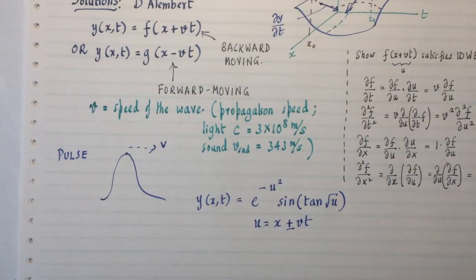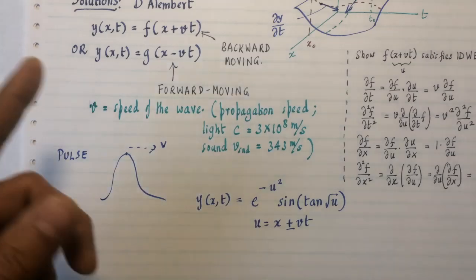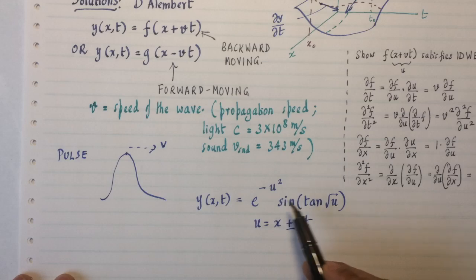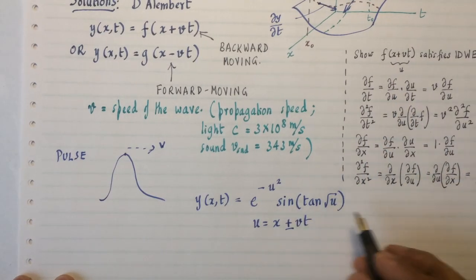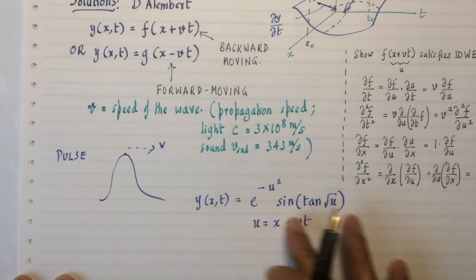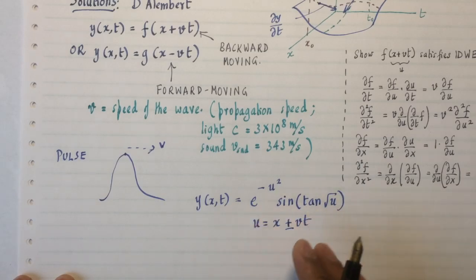So this is, believe it or not, something that you can verify satisfies the wave equation. You don't have to do that because I've shown you that any function verifies the wave equation for any arbitrary f. So you can be very crazy about what this function is.